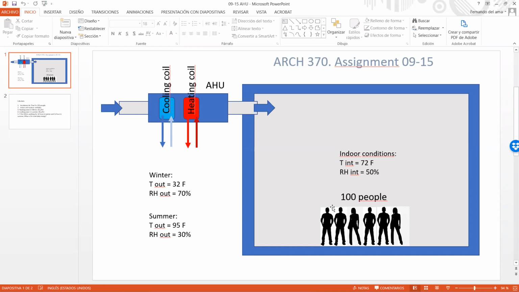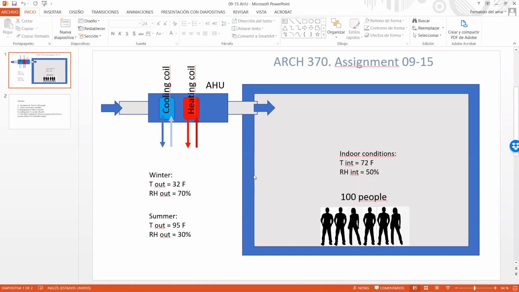We should know this beforehand, before designing the building or even designing the mechanical system of the building. We should know at least the indoor conditions, the outdoor conditions in winter and summer, and we should know the occupancy, the number of people that are living in that building.